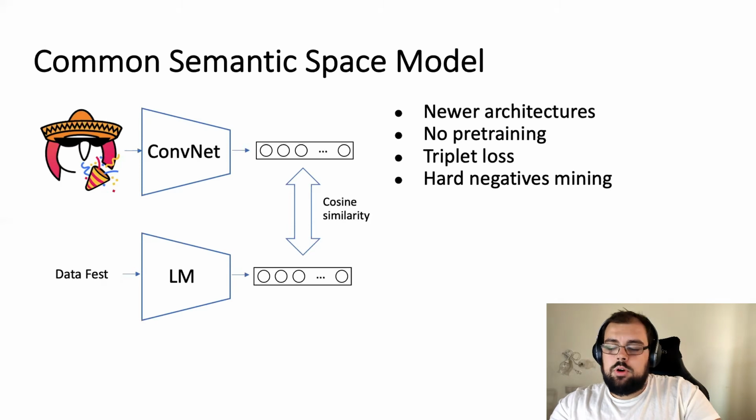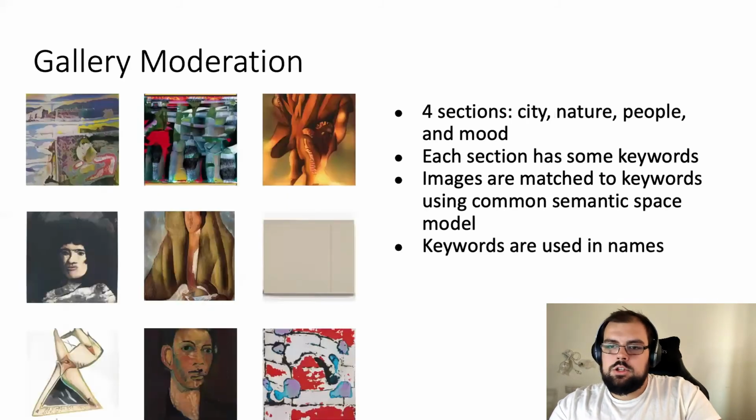In order to improve the model's performance, it is necessary to specifically look for image-label pairs that the model confuses for positive ones, but are actually negatives. Using this kind of model, it is much easier to select images, group them by their content, or give them some meaningful names as we planned. So what we basically did is we came up with four section names: city, nature, people, and mood.